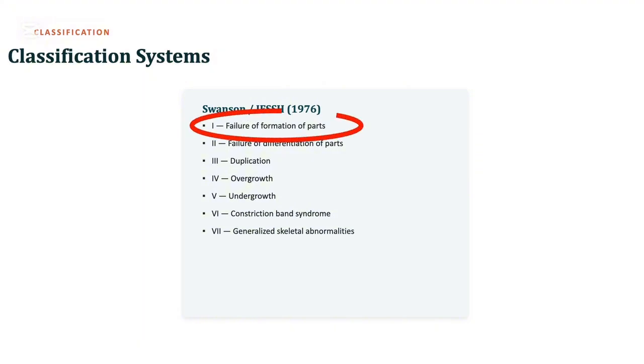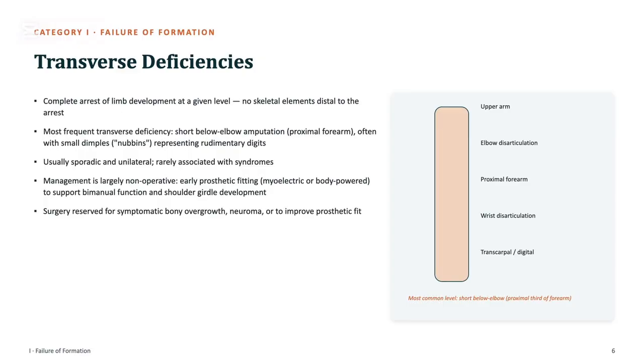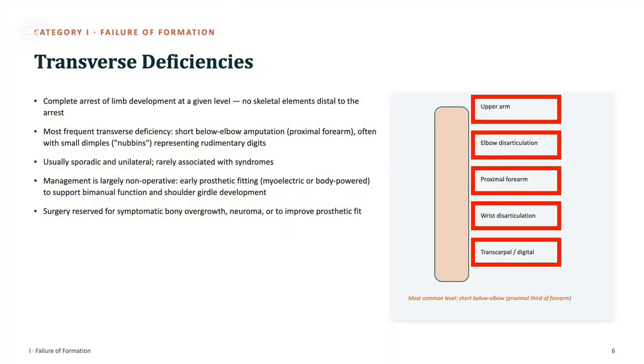Let's start with failure of formation. We mean that there is a part of the upper limb that was not formed. This part may be in the upper arm, the elbow, the proximal forearm, at any level starting from the shoulder joint up to the tip of the fingers, but it's most commonly in the proximal forearm.